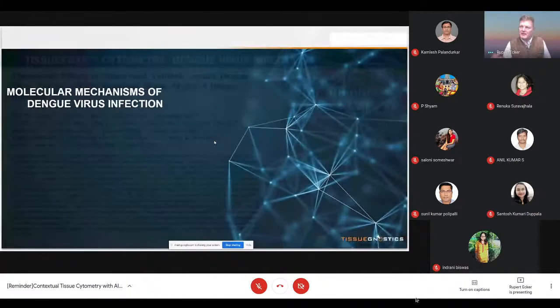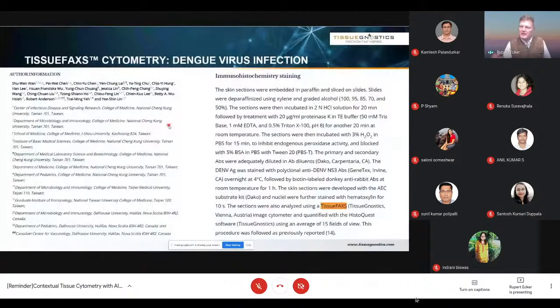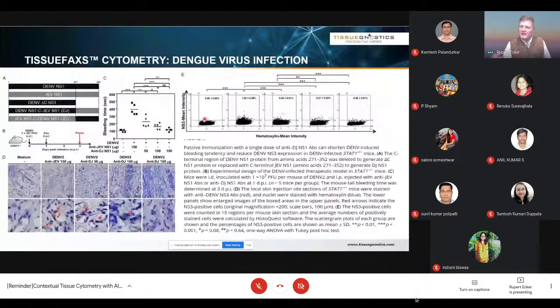Or dengue virus. And with this application, I would like to emphasize that with this tissue cytometry approach, we can not only quantify markers which are expressed on 50% of all cells. No, we can really look into minor cell populations, right?